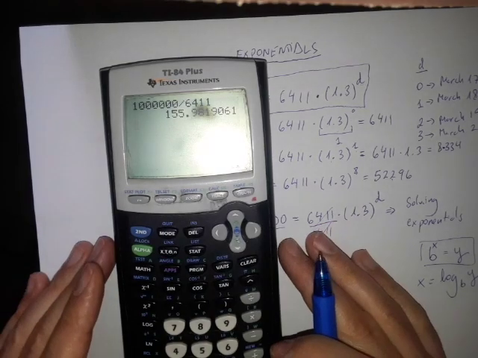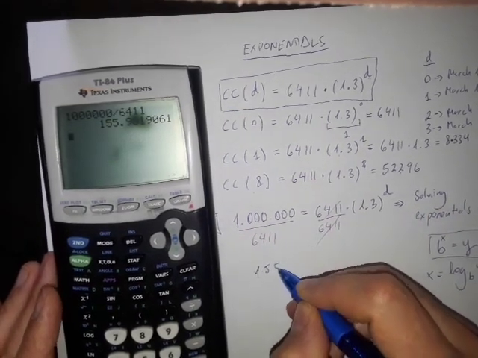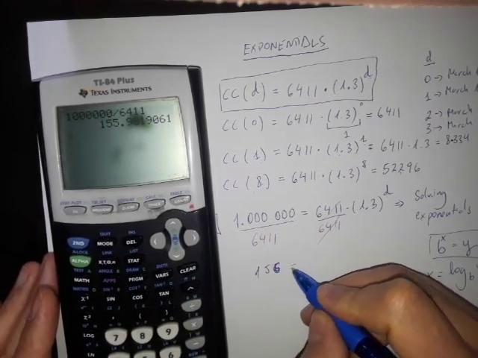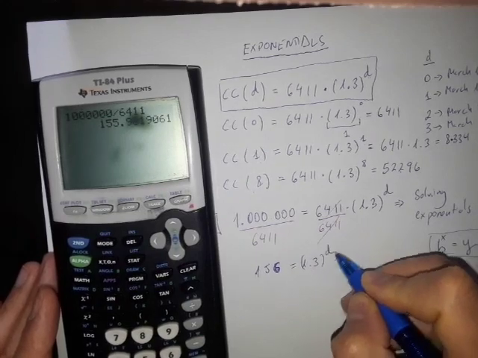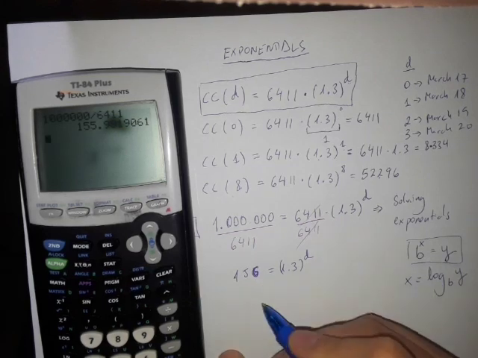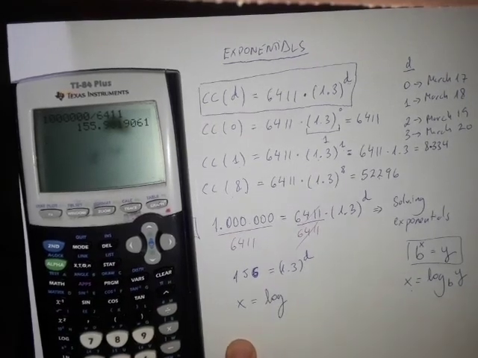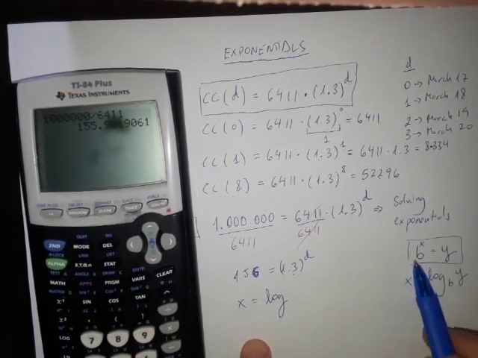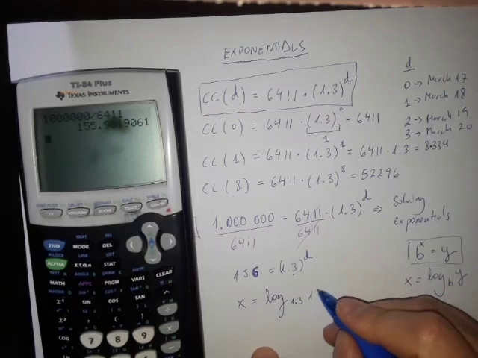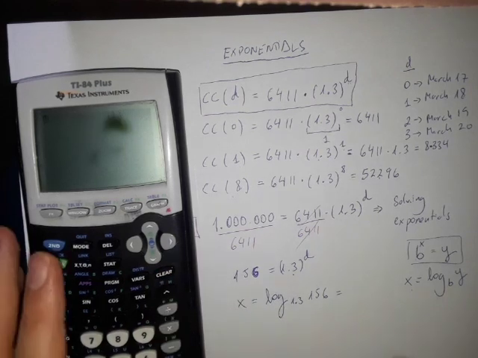So we have 155, it's almost 156 because it's 0.98, so 156 equals 1.3 to the power of the number of days, right? Now that we have this equal to this, we can set the log equation. So x equals log, what's the base? The base now is 1.3. And then y is 156.